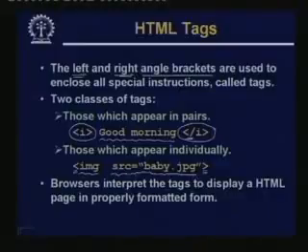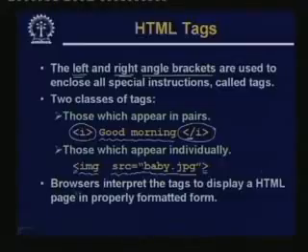Like here, this example tells you that you want to include an image whose corresponding file name is baby.jpg. So here src is an attribute which specifies the file name for this image. Okay, for this you do not need an end tag which will contain /img.